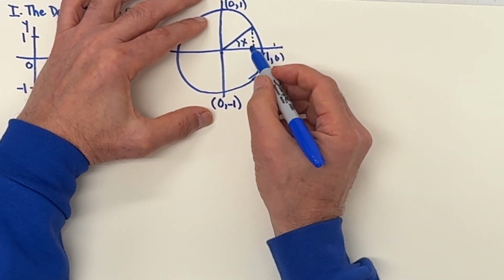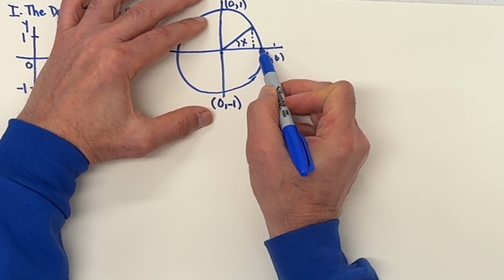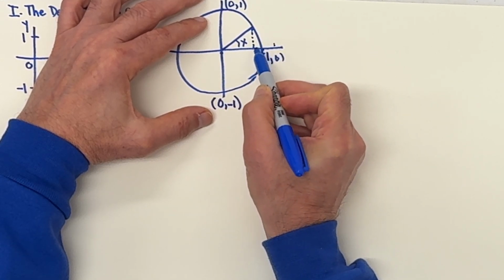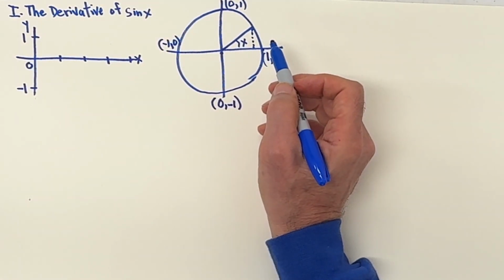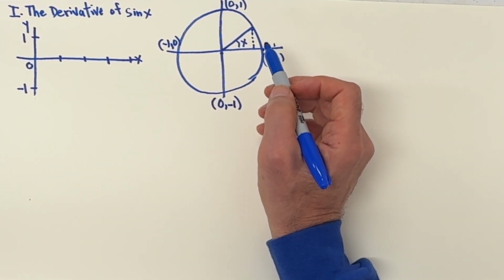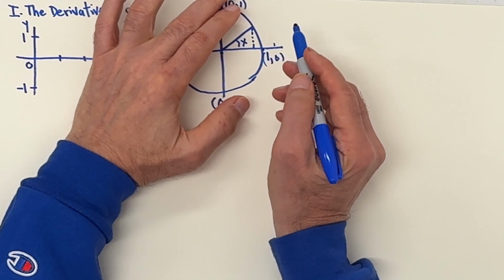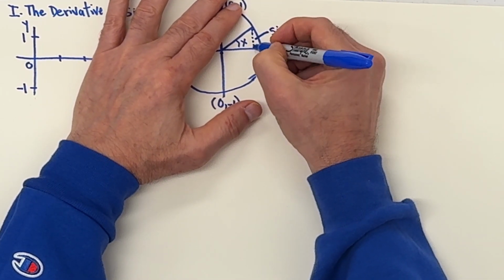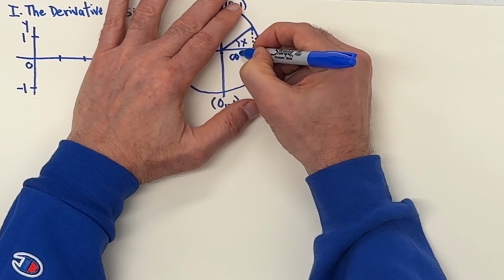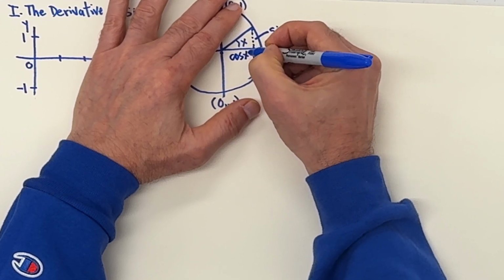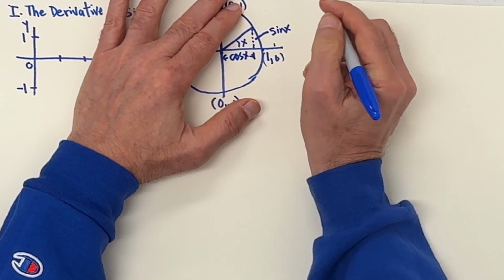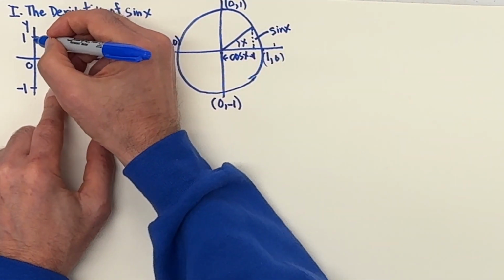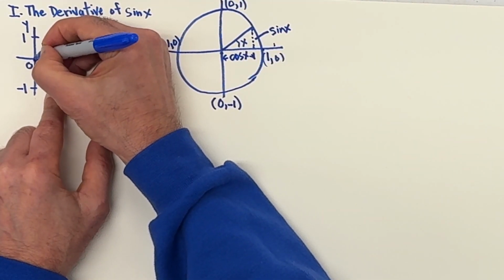All right, so if x is 0, then the horizontal is 1 and the vertical is 0. So for the sine, you want the vertical. So this vertical is going to be your sine of x, and the cosine of x is going to be the horizontal. So we start off here, the sine starts off at 0.